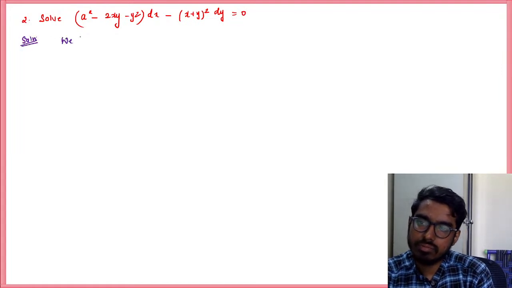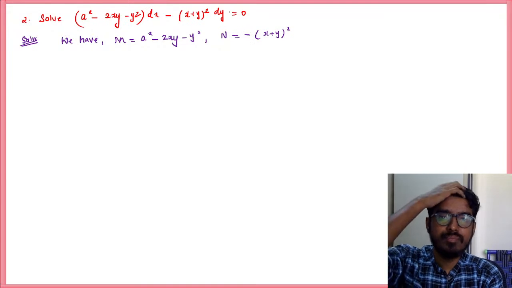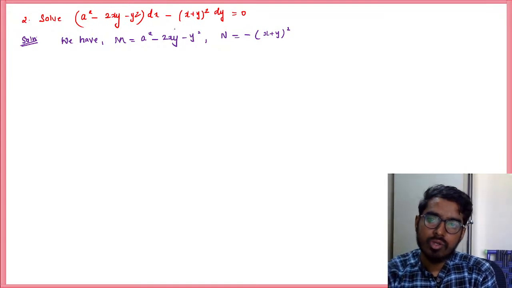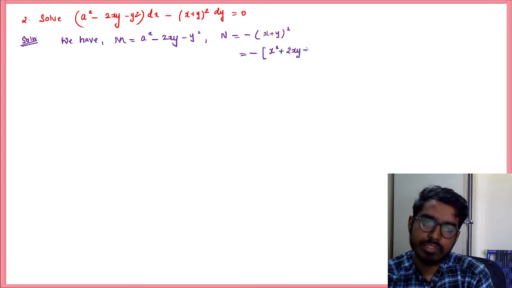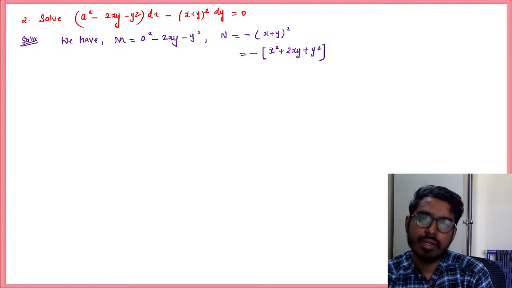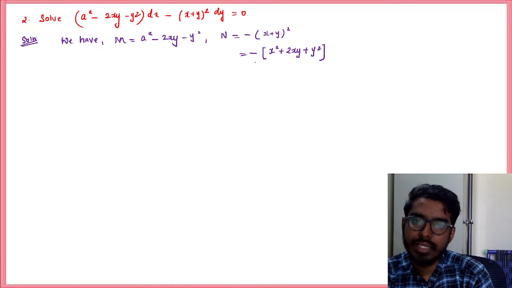We have M = x² − 2xy − y², and N = −(x + y)². This is of the form M dx + N dy. So N is minus of x² + 2xy + y², where we take this minus inside.